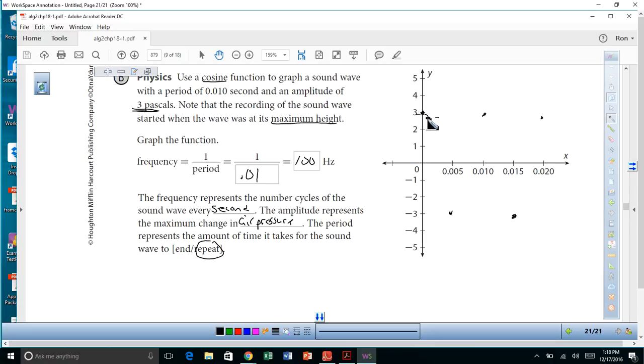And it's going to look something like this. And there you go. It's going to look like that. All right, good.